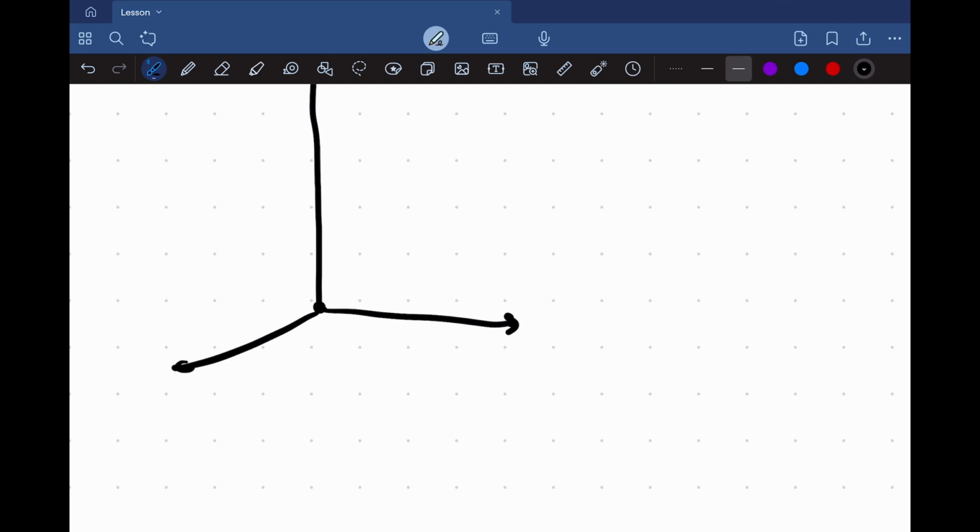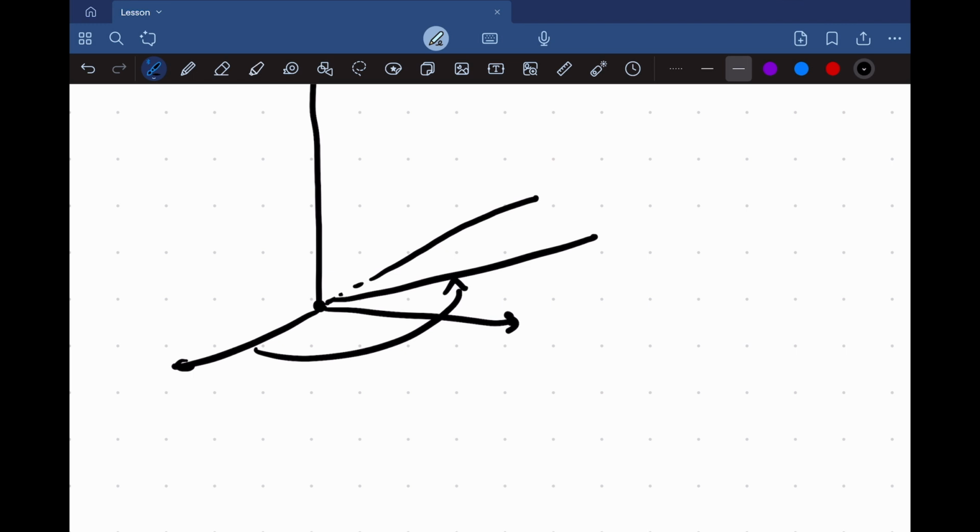We just look at this plane because we only need to focus on the projection onto the xy plane for those two coordinates. From here we rotate 5 pi over 6. We rotate a bit far. Okay, so theta equals 5 pi over 6.